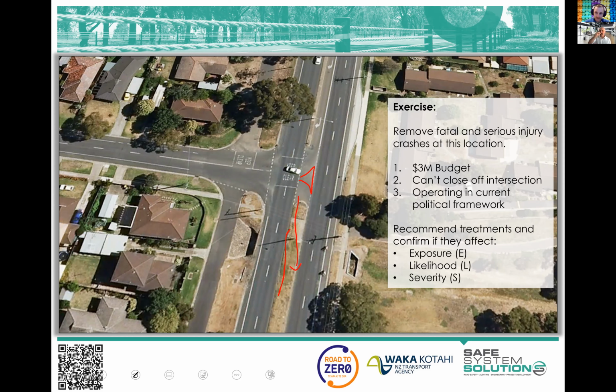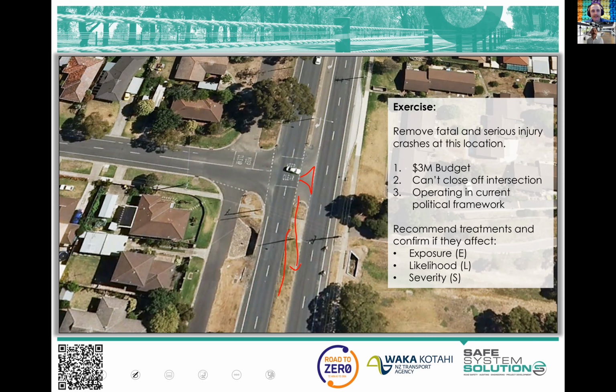You're going to need to do some widening and get some extra things happening, but that's just the physical civil works to get your seagull in. If you wanted to signalise that, you're talking another 1.5 million on top of that, but you can still just scrape that in your budget.